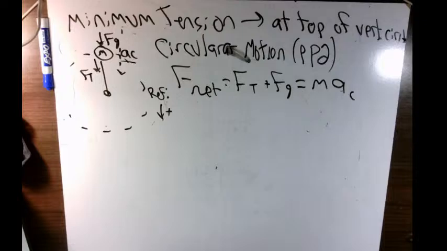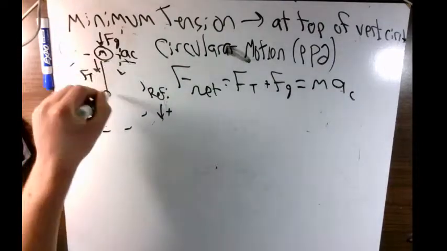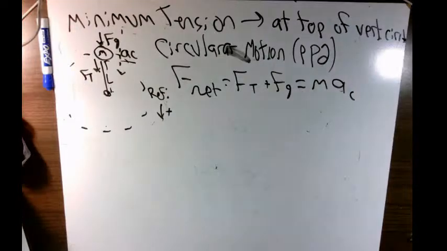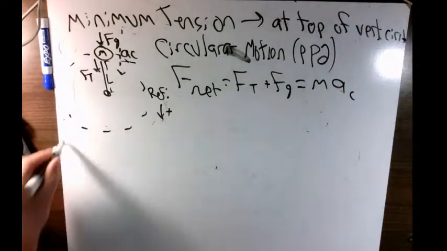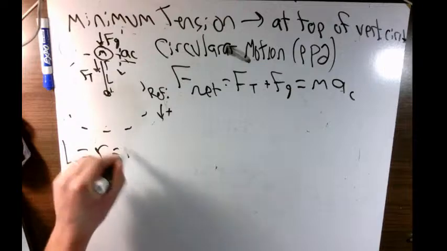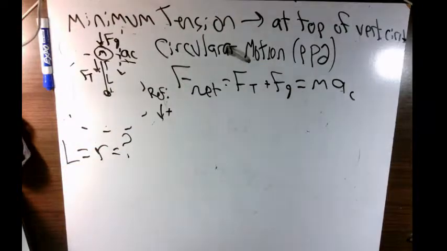So this question wants us to determine the length L. That length is also known as the radius of our uniform circular motion, and that's what we're looking for.